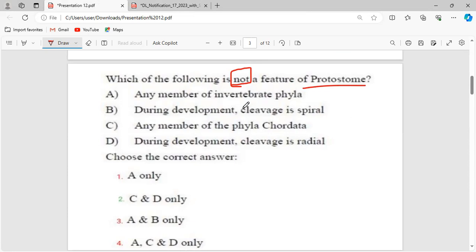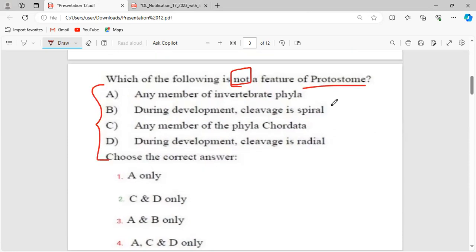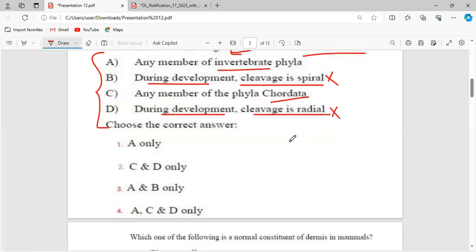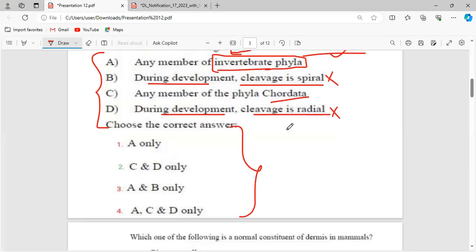Even if you didn't know during development the cleavage is spiral, or what the developmental type or cleavage type is, by knowing whether it is invertebrate or chordate, we can easily come to the conclusion. We studied protostome as an invertebrate characteristic. So obviously it is not a characteristic of chordate. So this will be the wrong answer.